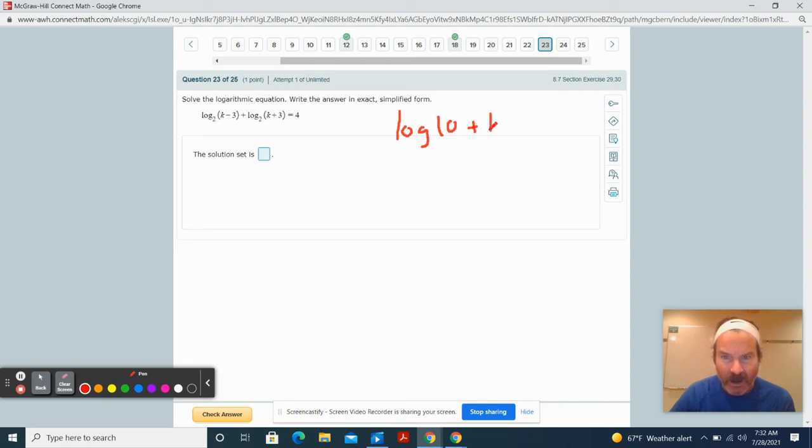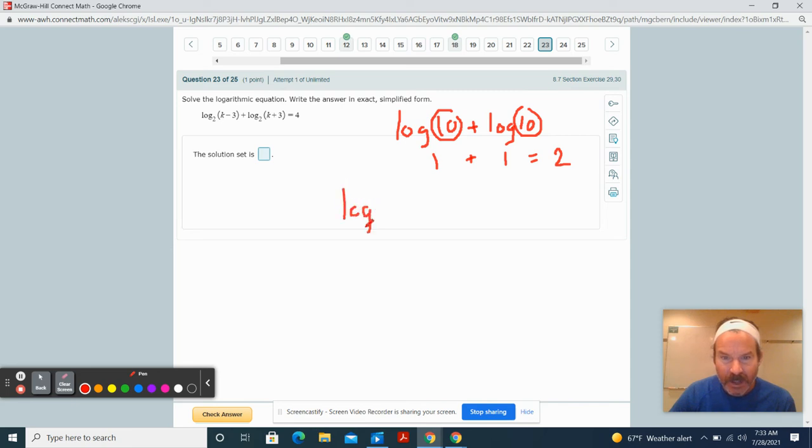So let's say I had log 10 plus log 10. We know this is equal to 1, we know this is equal to 1. So this is equal to 2. What do you think you do to the numbers here when we add logs? Do you think you add the numbers?